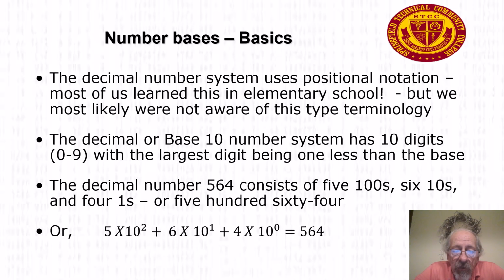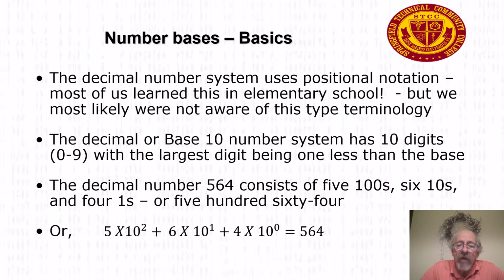Now, if you take a look at that, 5 times 10 to the second power is 5 times 100, or 500. 6 times 10 to the first power is 6 times 10, or 60. And 4 times 10 to the 0 power, well, that you might question. Anything raised to the 0 power, to make mathematics work, is equal to 1. So that last term, 4 times 10 to the 0 power, is 4 times 1, or 4.